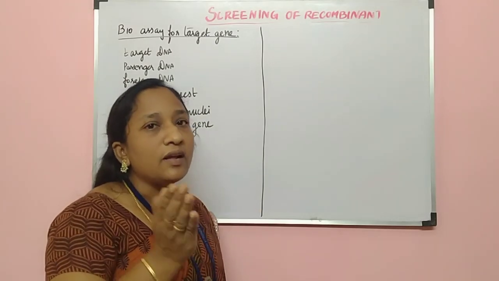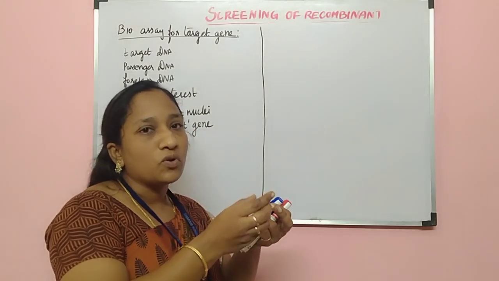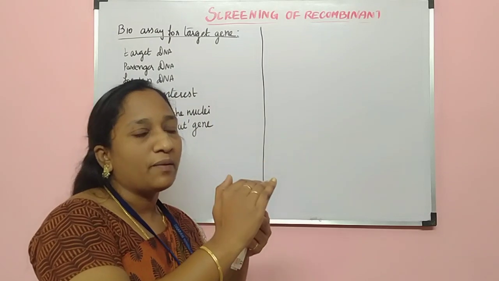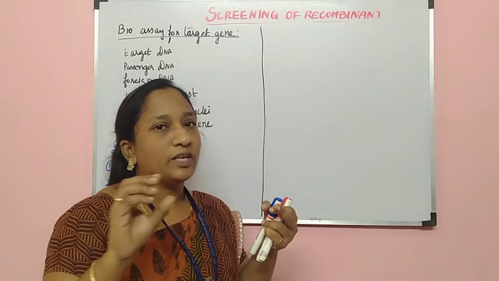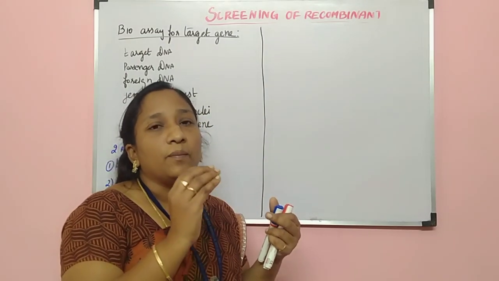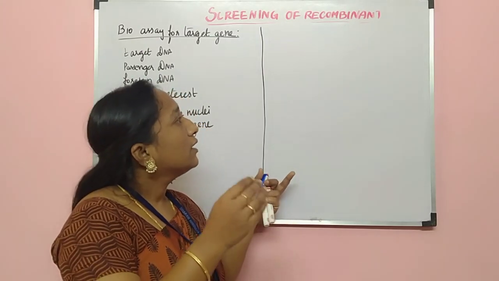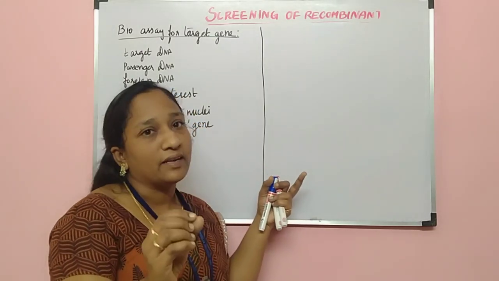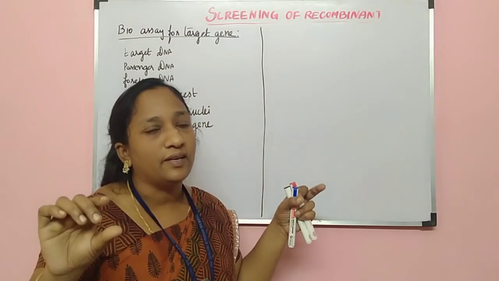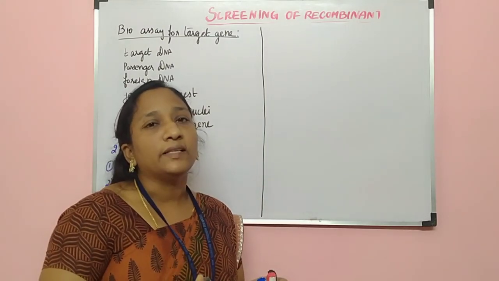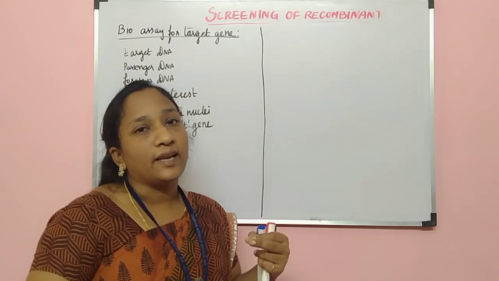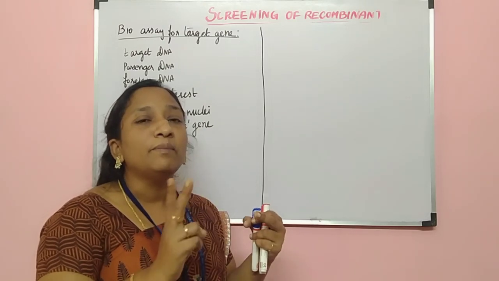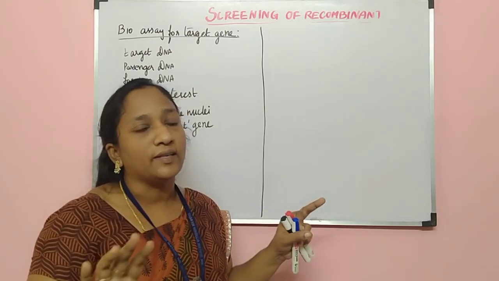In the electrophoresis we separated first based on the pH, that is PI, based on the electric gradient. Based on the electric gradient we separated the DNA, and it is followed by the separation by density gradient. So by means of these two methods we separated the DNA.